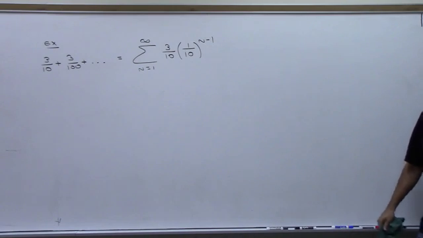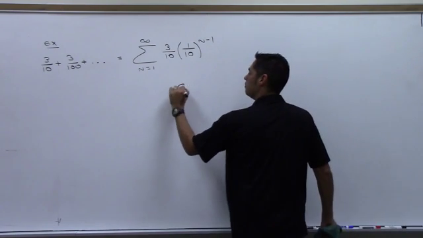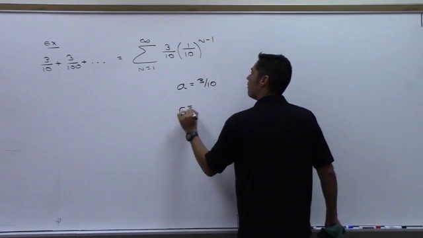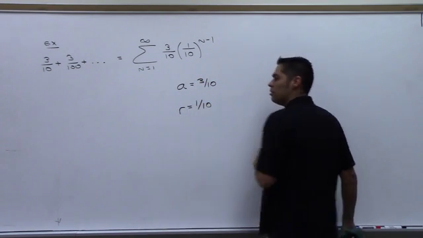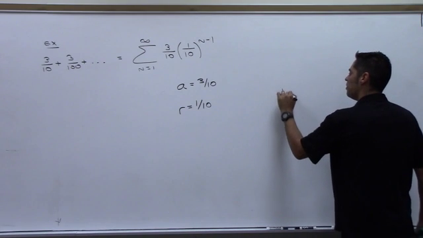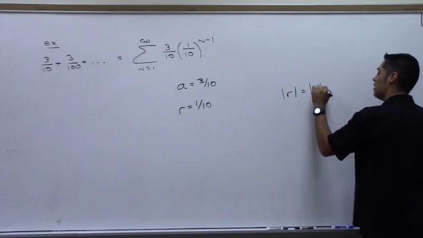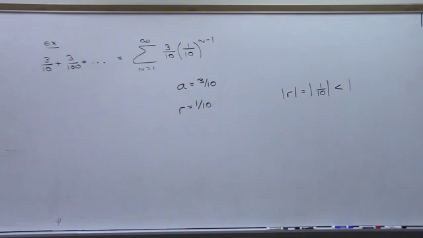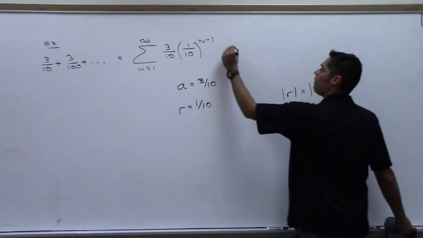That's what we had. What's a here? 3/10. What's r here? 1/10. Let's do a check on r. The absolute value of r is the absolute value of 1/10. That's less than 1, right? Therefore, this converges.